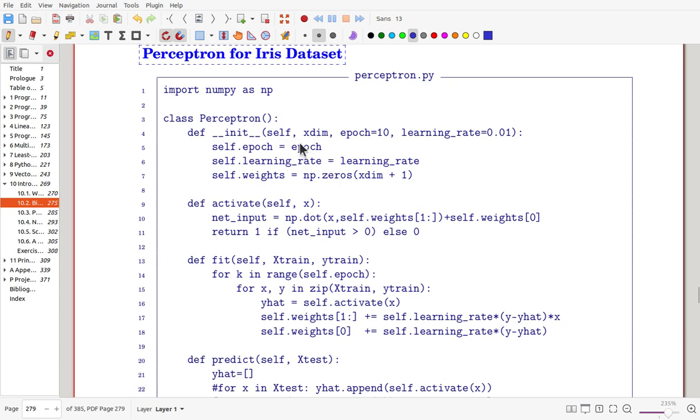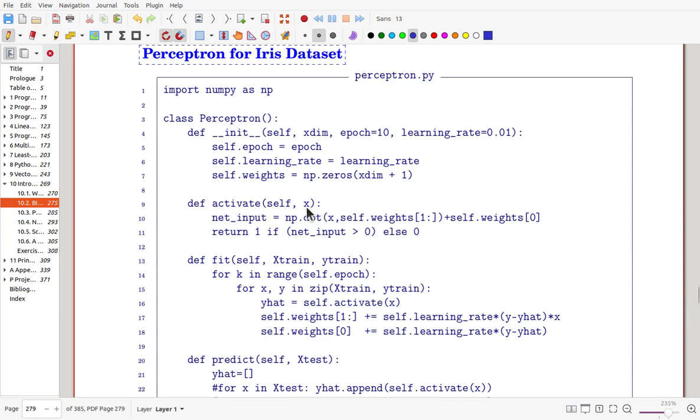Along with the input, in the initialization, self.epoch and self.learning_rate are defined, and the weights are initialized to 0. In the class, variables start with self. The prefix self means that these variables are shared among every function and method in the class.